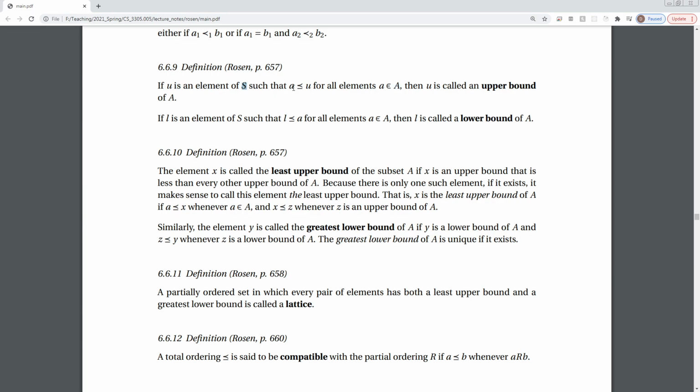Okay, maybe not. So A can be a subset, right? This can be some finite collection of integers, and this can be the overall collection of integers. And so we can pick some element which is outside of this. So if we have the numbers 1 through 10, then we can pick the number 100, right?